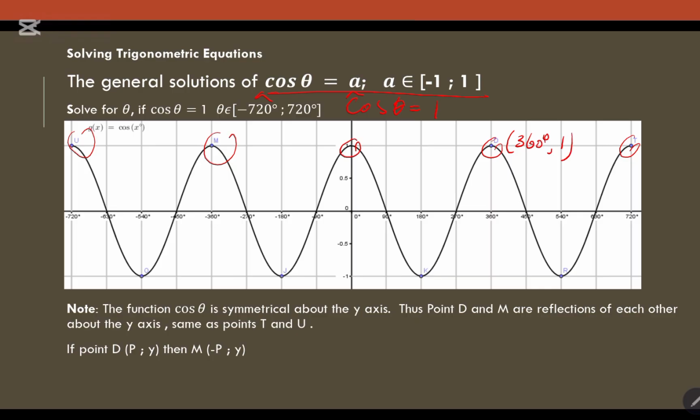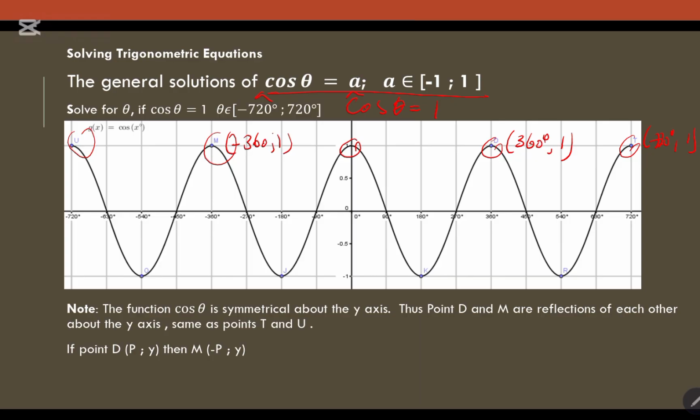This point is a reflection of point M, which is negative 360 and 1, about the line x equals 0. If we look at the last point here, point T is 720 and 1.